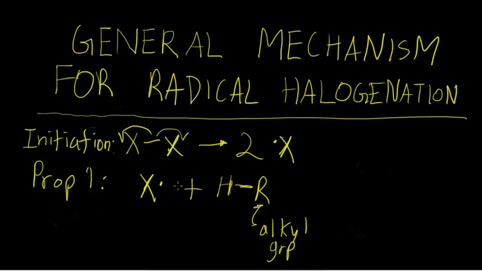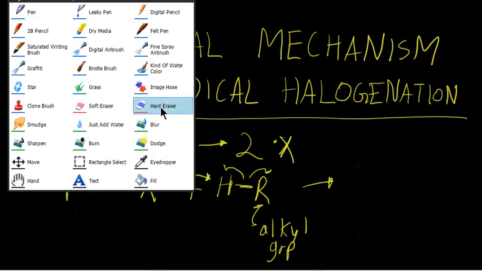So this bond between the alkyl group and the hydrogen homolytically cleaves, and, oops, it should be a half arrow here.